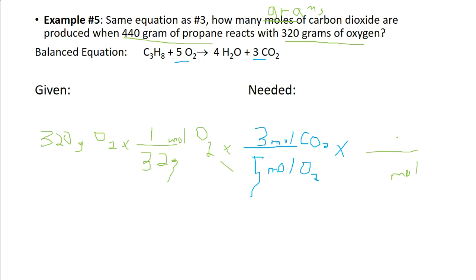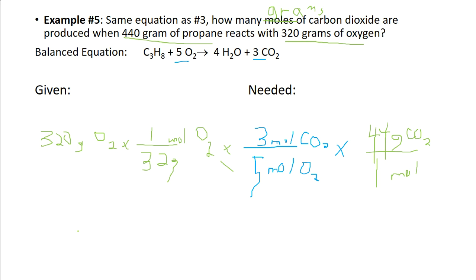That's CO2, so the number of moles is 1, and gram-wise, carbon is 12, and 2 times 16 is 32. So 32 plus 12 is 44 grams of carbon dioxide per mole.